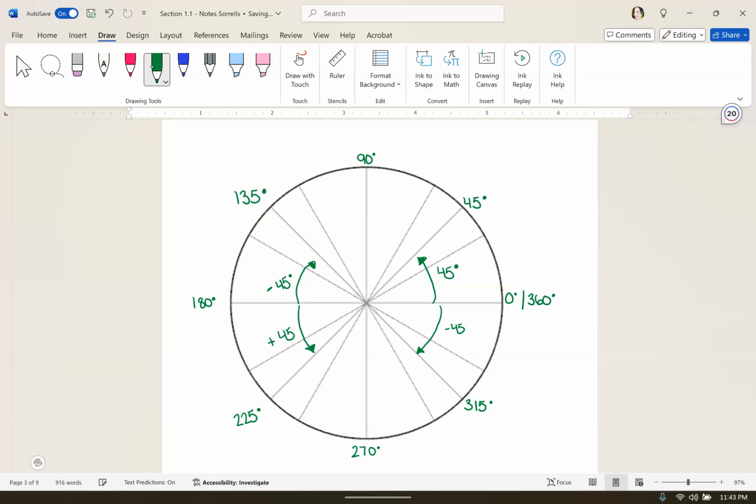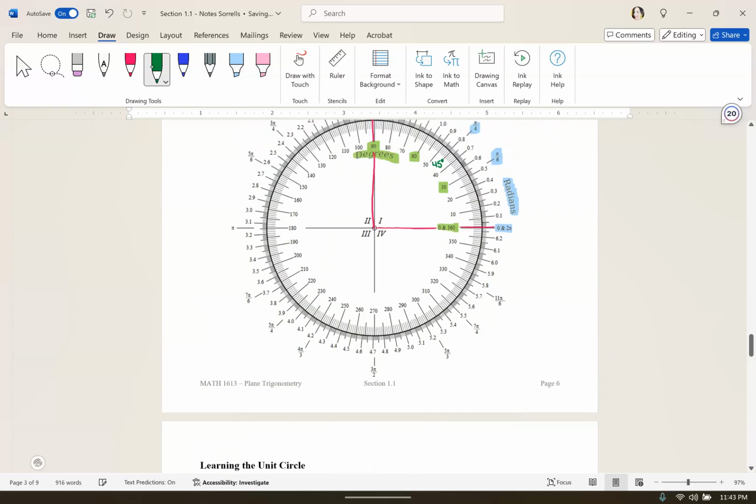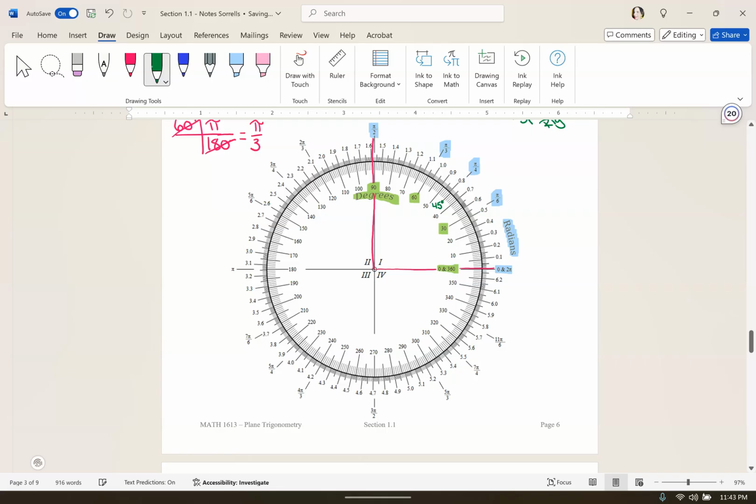Okay, so guess what? We have to go do that for the other 2 angles. Up here, we learned that the other special one we're going to be learning is 30.